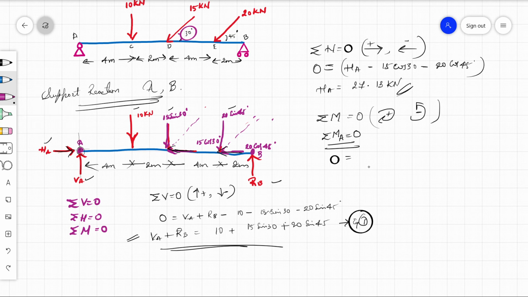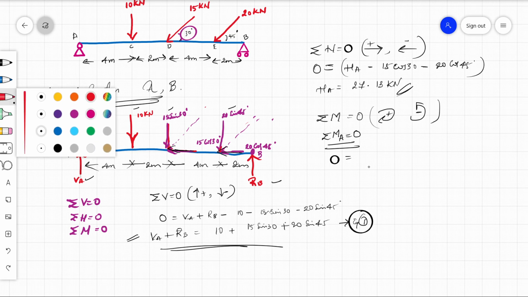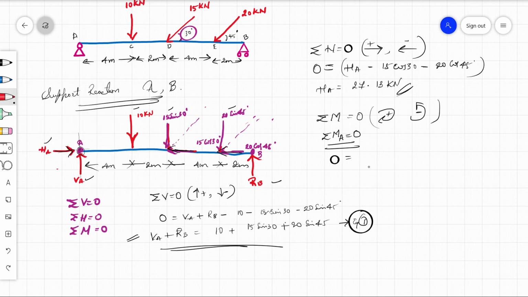Now see, whatever I'm marking in red is not required, because it is passing through the moment center itself, the line of action.